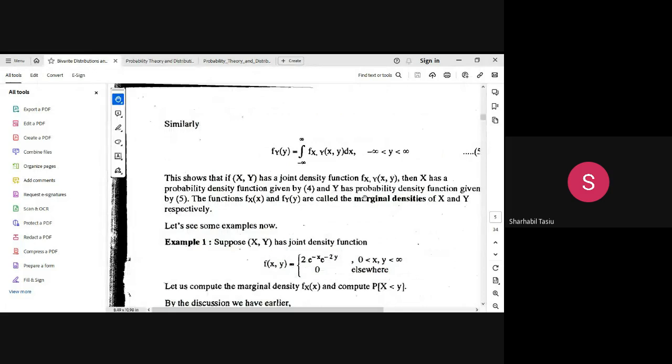I'll just share from here without zooming. I believe you can see it.